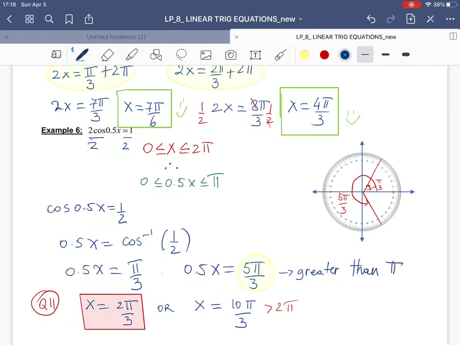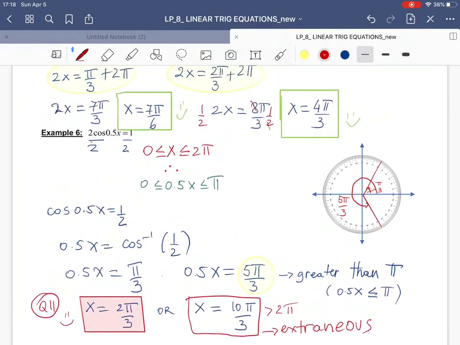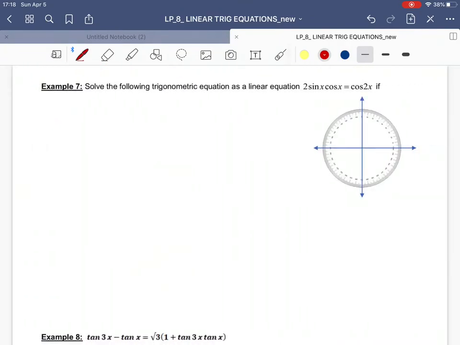And 0.5x has to be less than or equal to pi. So we're going to say that this is an extraneous solution. But we do have an answer right here, so that's the solution to our equation. So moving on, more examples.